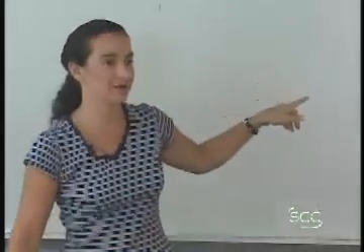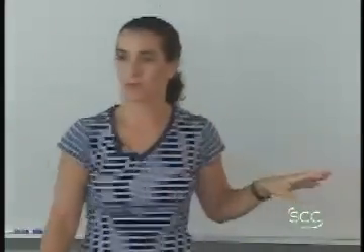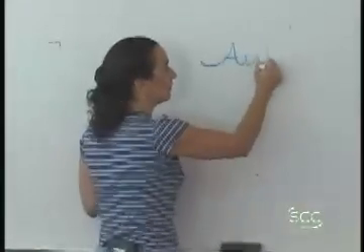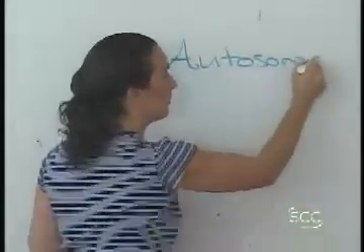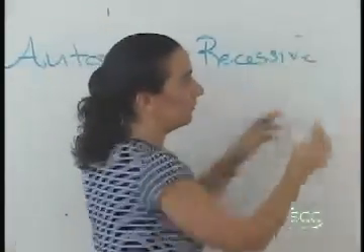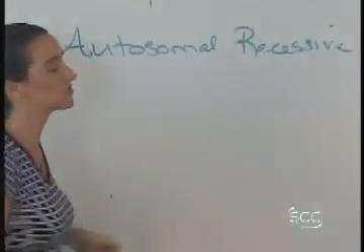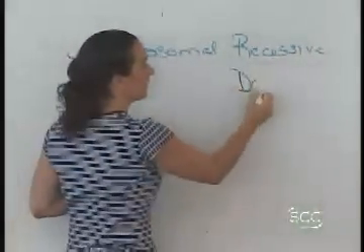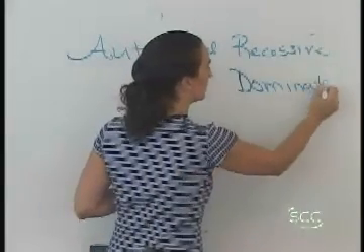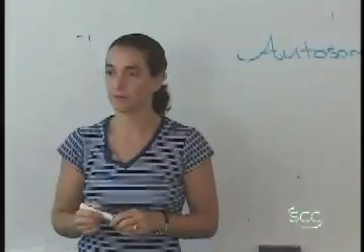This form of inheritance here, the earlobes or the widow's peak, is known as autosomal recessive for earlobes, because that's what's being expressed, or autosomal dominant for the widow's peak form of inheritance.